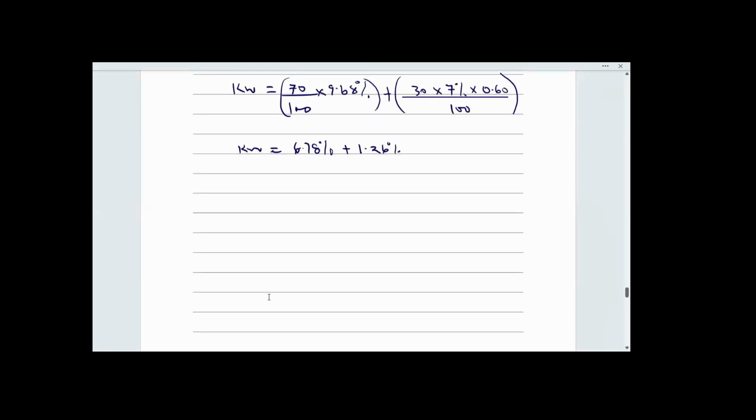When you add the two together, WACC will be 8.04, right? Am I correct? I think that's 8.04, so you are correct. All right. So the WACC is approximately 8%.